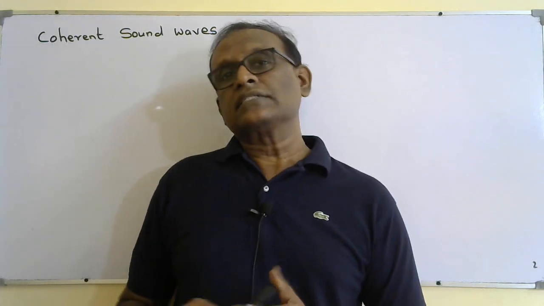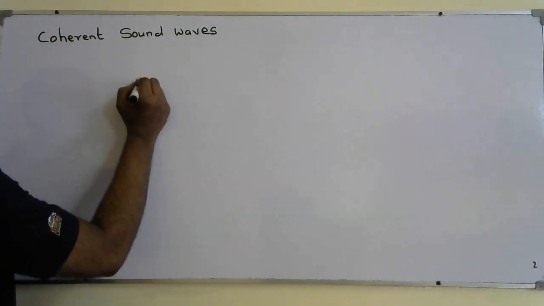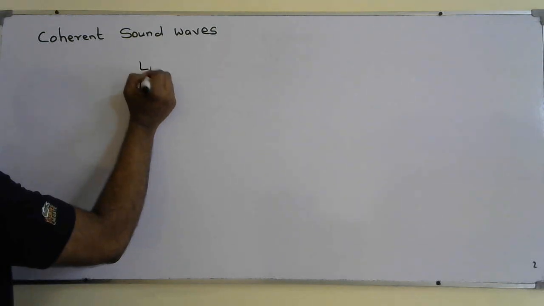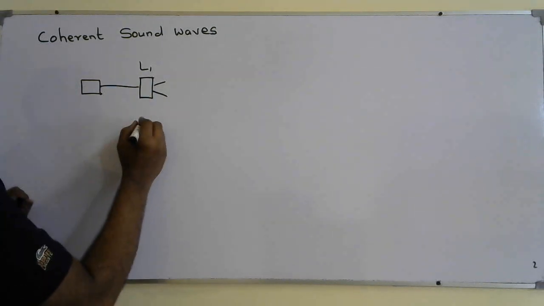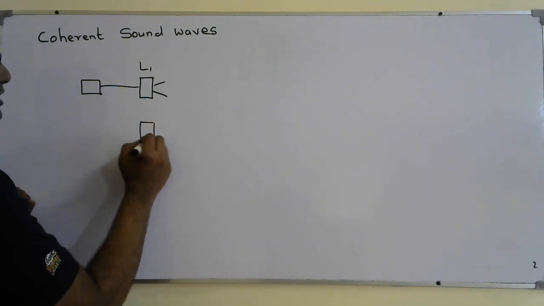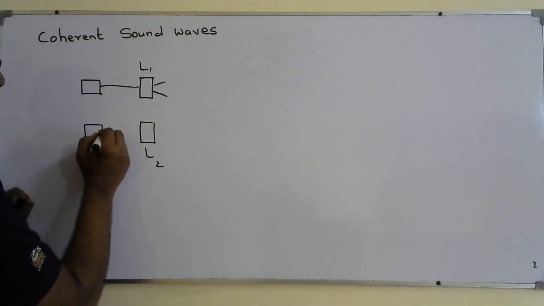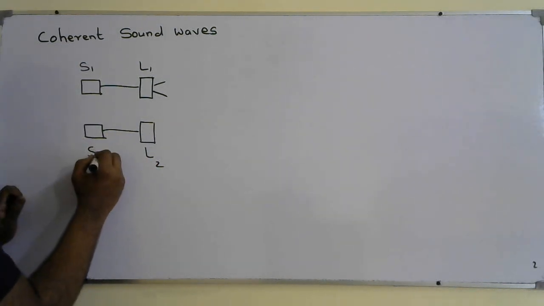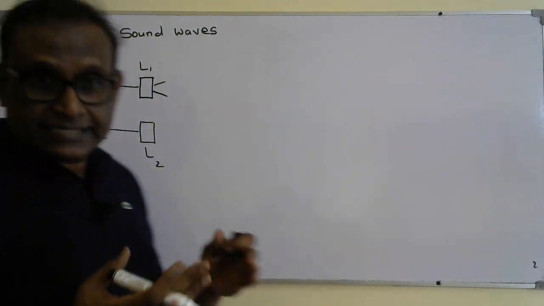So students normally ask, can't we have two different loudspeakers connected to two different signal generators? This is loudspeaker L1 with a signal generator connected to it, then a second loudspeaker L2 connected to an identical signal generator. This is signal generator S1, and signal generator S2. Can't we keep both signal generator outputs at the same frequency?